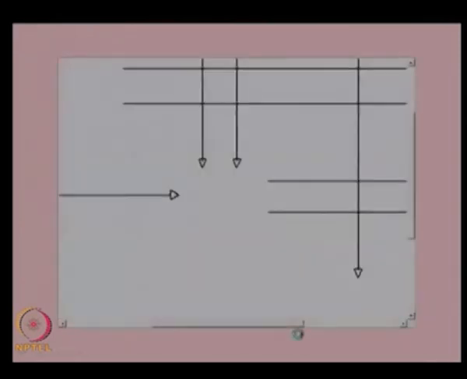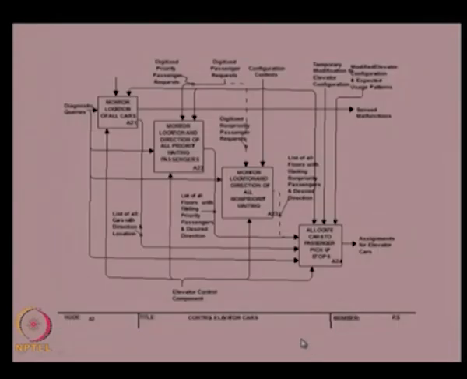Similarly we can have the A2 diagram also. In this A2 diagram, from the level 1 diagram we take the A2 function, which is control elevator cars, and divide it into sub functions A21, A22, A23 and A24. Here, A21 is monitor location of all cars.